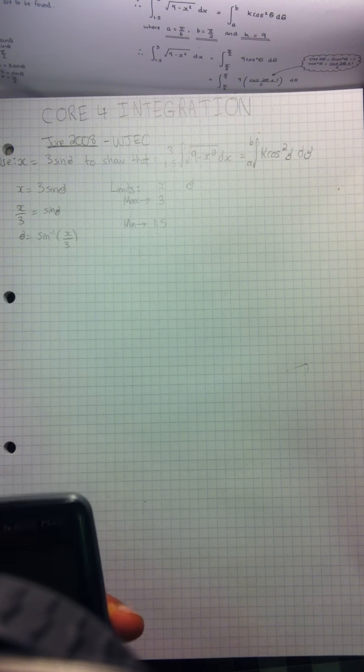So I know that when I differentiate x, I get dx over d theta, which is differentiating x with respect to theta, equals 3 cos theta. Now rearranging this, I get that dx equals 3 cos theta d theta.